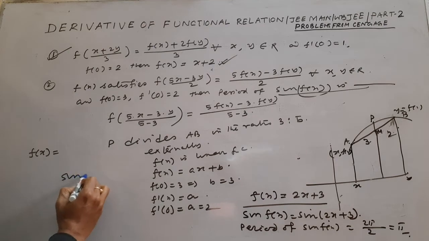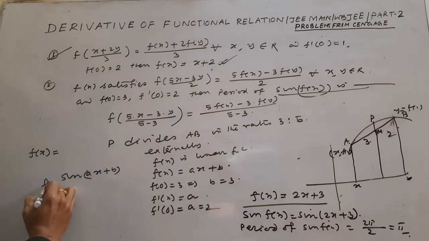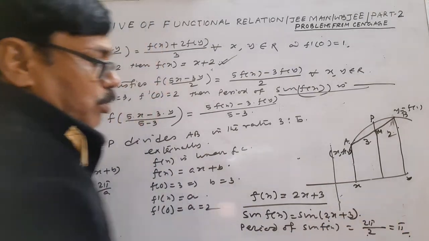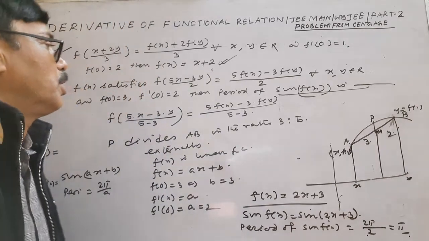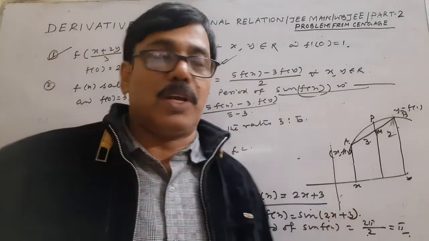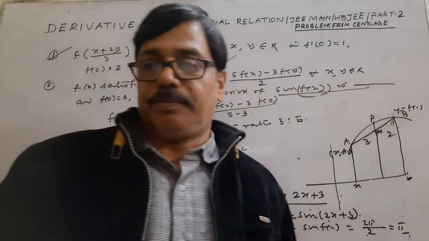Our relation: if f(x) = sin(ax + b), the period is 2π/a. Here a is replaced by 2, so this is π. These are most interesting problems if you know the general theory.